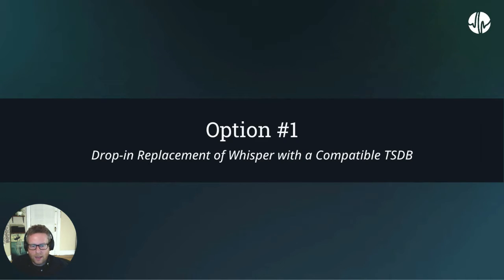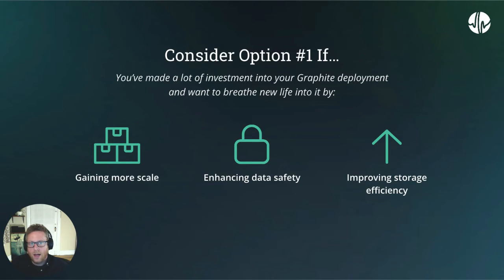Option one is the drop-in replacement of Whisper with a compatible time series database. You are going to surgically replace the back-end database and effectively breathe new life into that existing deployment. By doing so, you keep everything else within the ecosystem exactly the same, except for that back-end time series store.